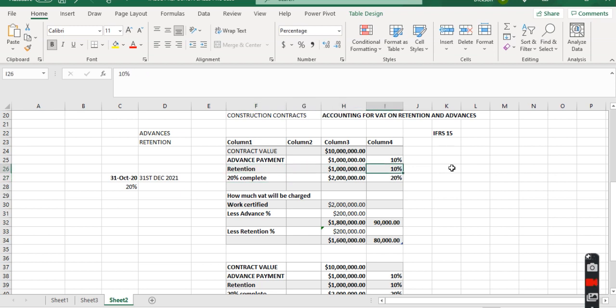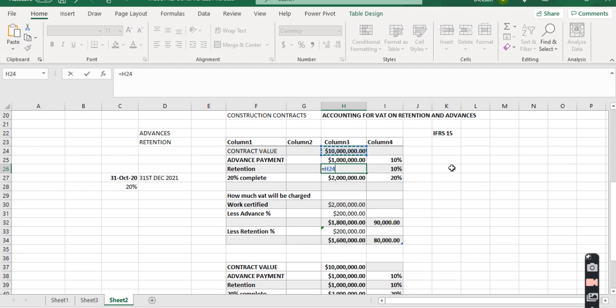So basically here, our retention fee will be calculated by multiplying the value of the contract by the rate of the retention, which is 10%. So we now understand that our retention is 10%, which is 1 million, and our advance payment is equally 10%, which is 1 million.